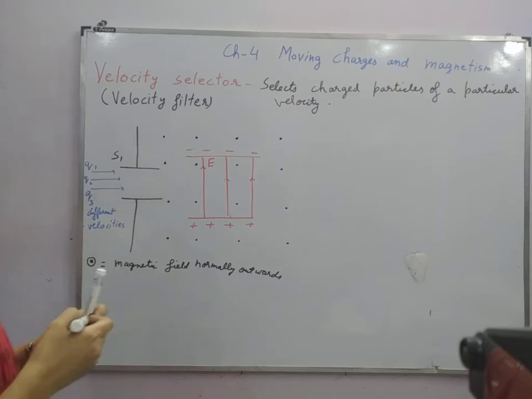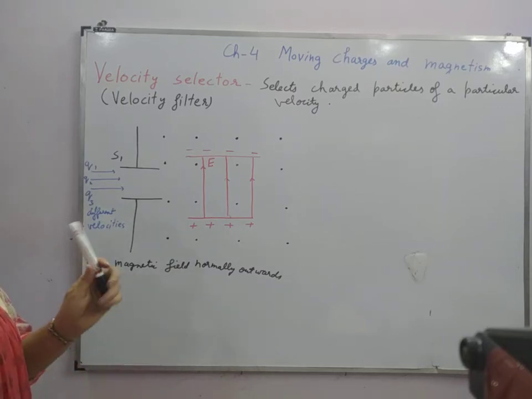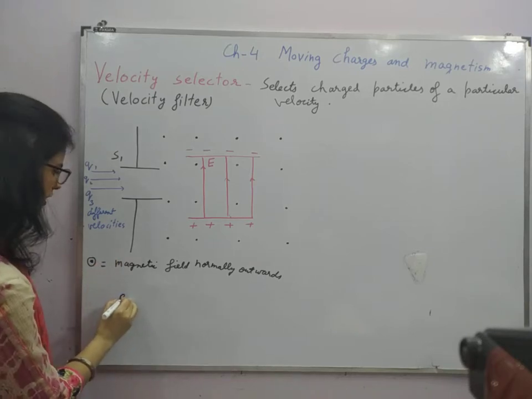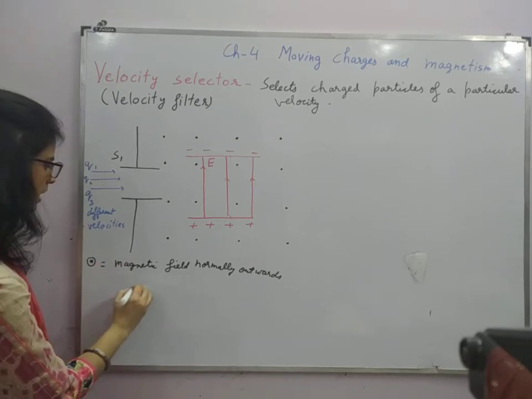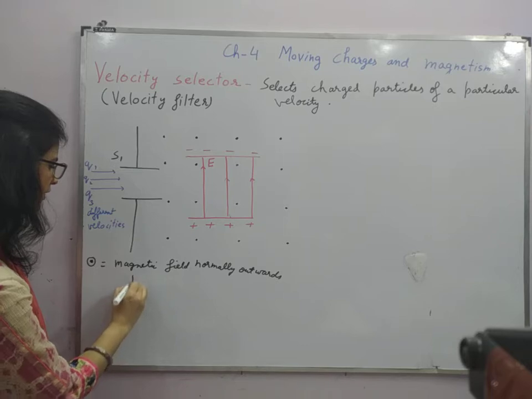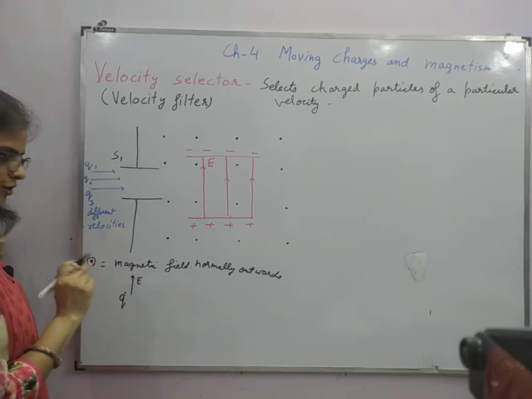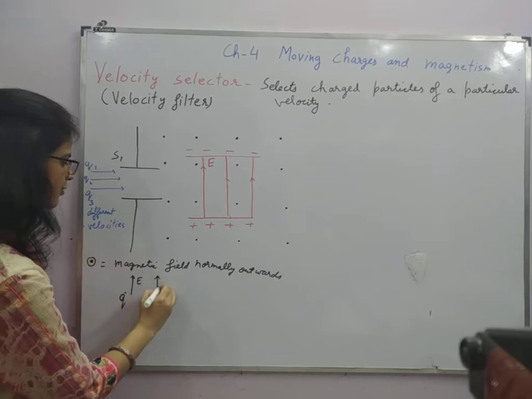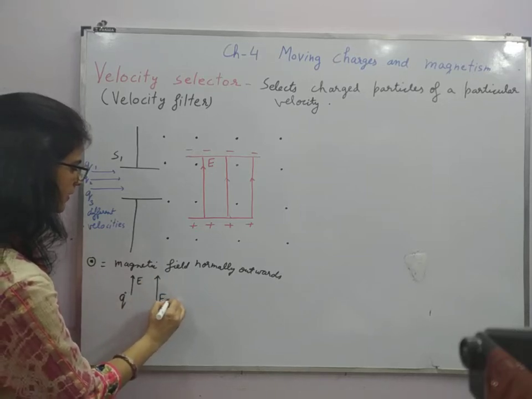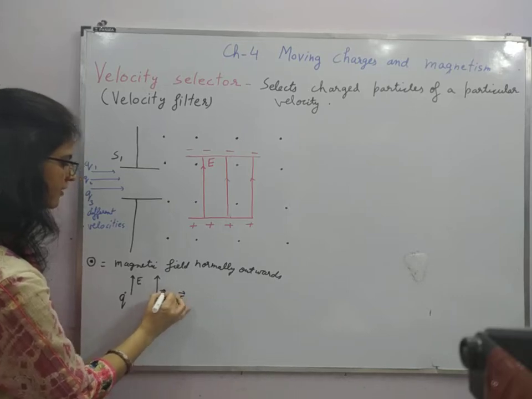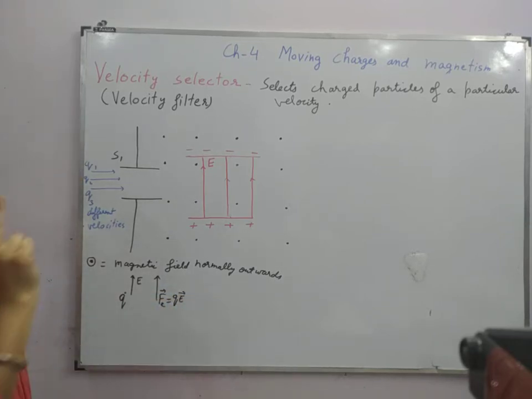Right? Now if we recall the motion of a charged particle in electric field only, if we have a charged particle and we have an electric field this way, what will be the electric force? The electric force direction will be this way, same as electric field direction, right?